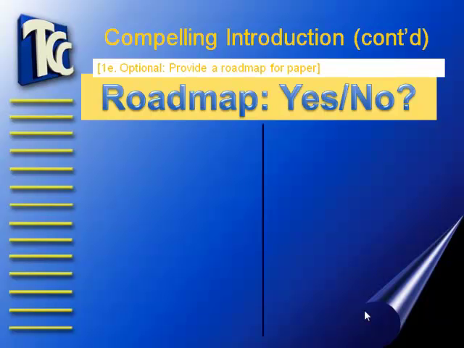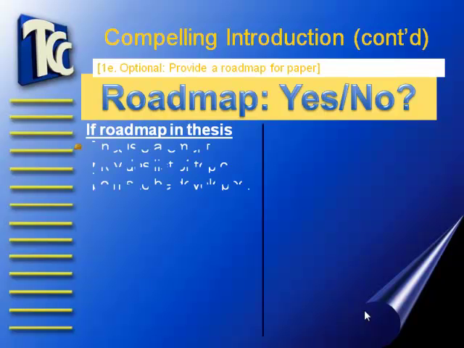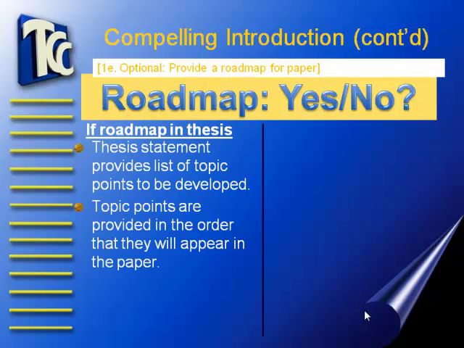Moving on to the roadmap aspect of an introduction. Should you provide a roadmap or not? And if you do or don't provide a roadmap, what will be different for the reader? If you provide a roadmap, meaning you list the items that will be addressed in the paper, the thesis statement will provide that list of topic points to be developed. The topic points, once you get to them, will be in the order that they are in the thesis, in the order that they will appear in the paper.